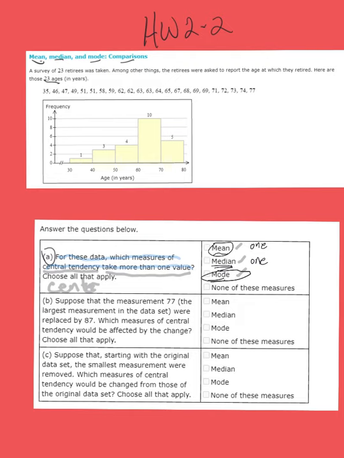So this is the only one it could be, but sometimes it won't be the mode because the data won't have something that's occurred more than once. But if I look through these numbers, do I have one that occurs more? There's 51 that occurs twice, so that could be the mode right now.